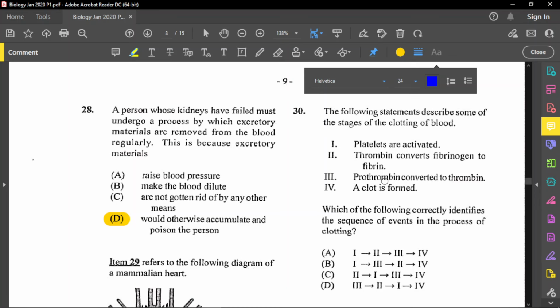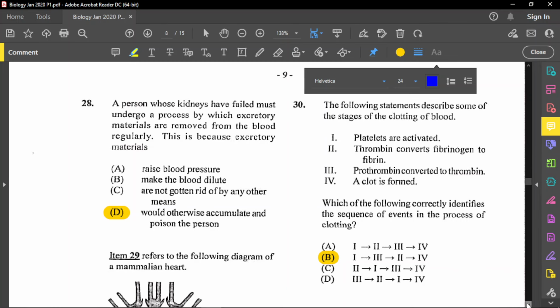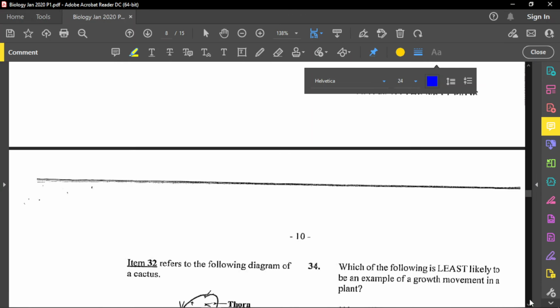So prothrombin converts into thrombin. Then after you get thrombin, the thrombin converts fibrinogen into fibrin. Fibrin is the last protein. These are all proteins, as a matter of fact. So the answer here must be B. So 1 first, the activation, then 3, the prothrombin into thrombin, and then the thrombin converts fibrinogen into fibrin. Then yeah, you have a clot. All right, so cool. So 30 is B.